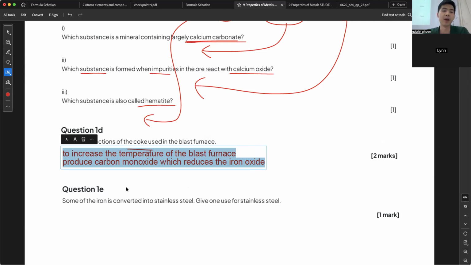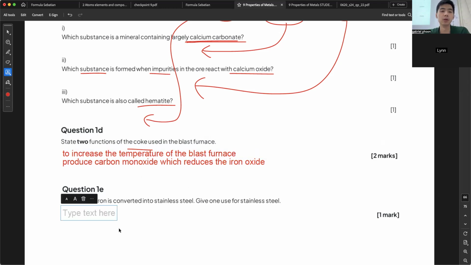Okay, and finally, some of the iron is converted into stainless steel. What's the use of stainless steel? Utensils. You can write a lot of answers, but I wouldn't write any other answer because I literally eat with stainless steel every day. Is this how you spell utensils? Did I spell it wrong? Okay, good.